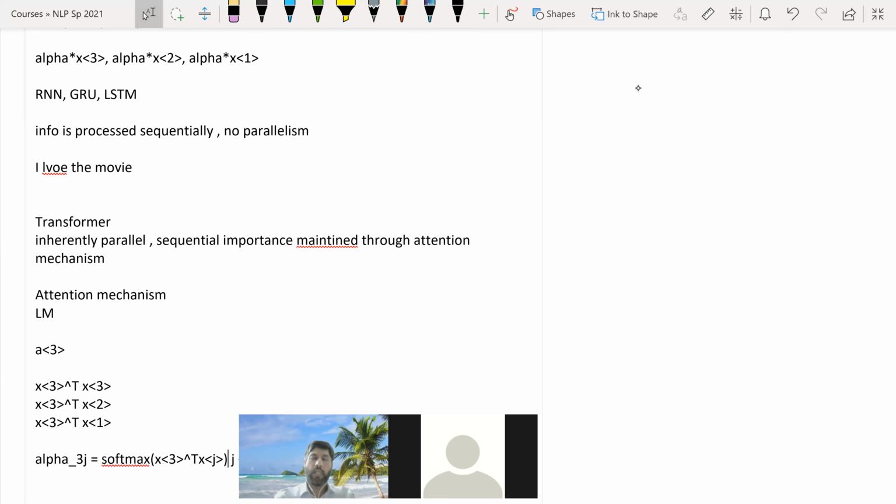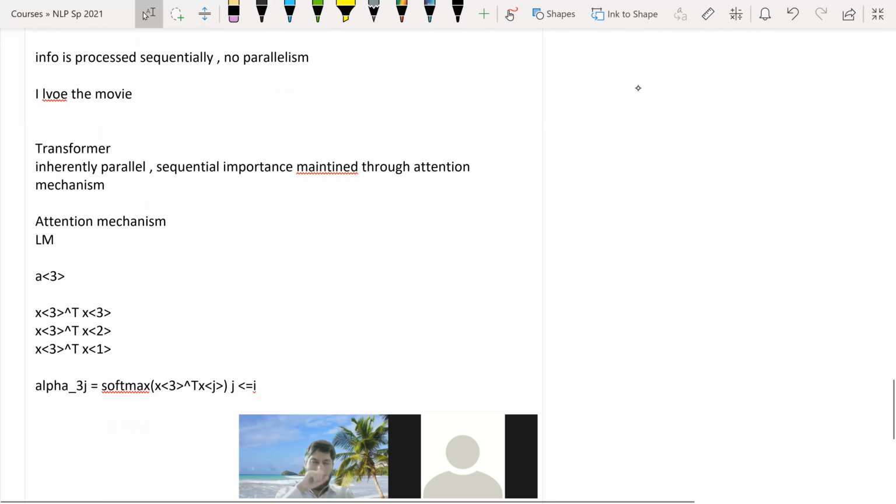So these probabilities then are our weighting scheme for this time point, which is 3, with all the previous inputs that we have seen, which is denoted by j: x3, x2, and x1. ठीक है, and then if you want to now compute our output at 3, we simply multiply this alpha 3j with xj, and of course this is a sum.